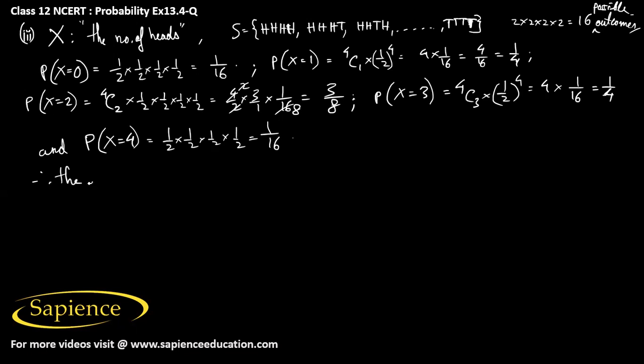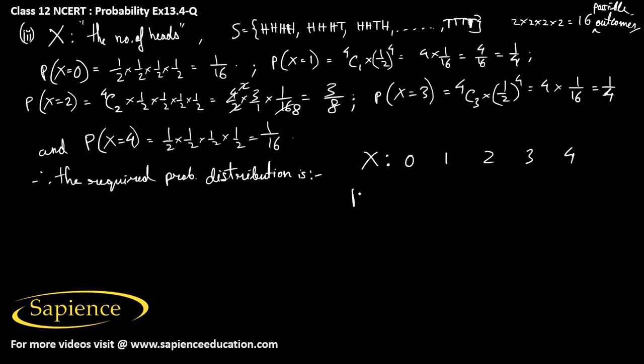Therefore, the required probability distribution of this given random variable x is: the values of x can be 0, 1, 2, 3, and 4, and the probability of x would be 1 by 16, 1 by 4, 3 by 8, 1 by 4, and 1 by 16.